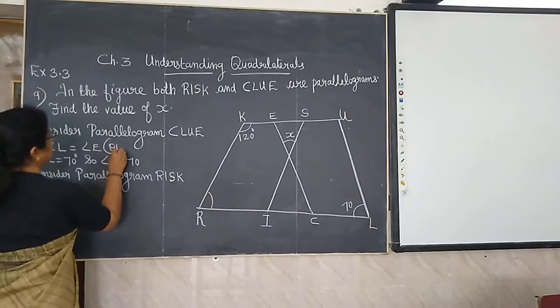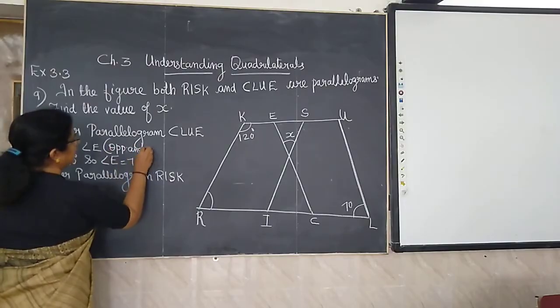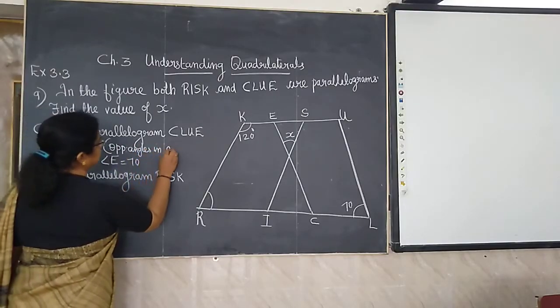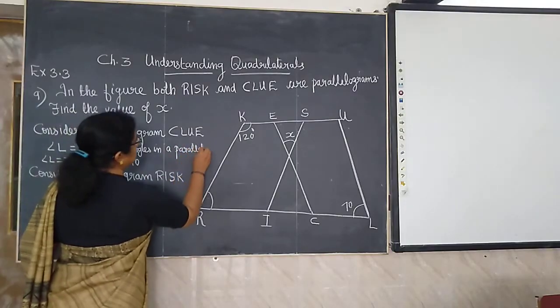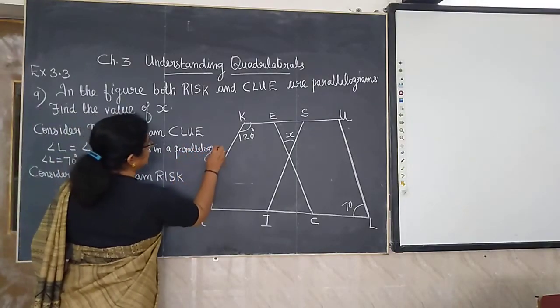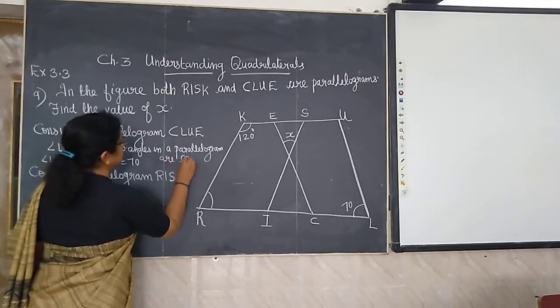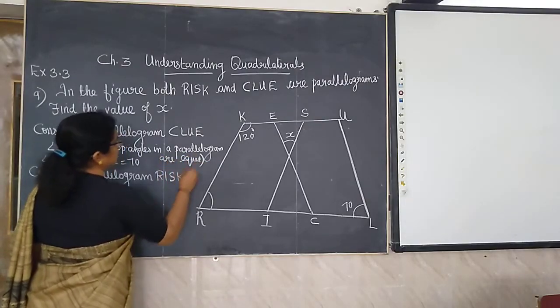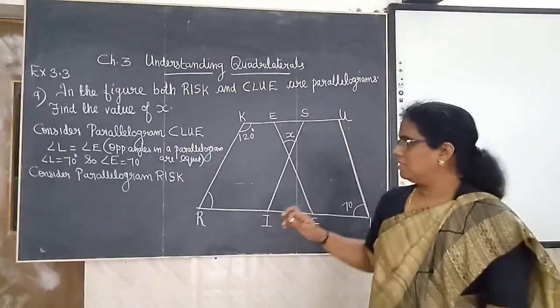Here we can write: opposite angles in a parallelogram are equal.